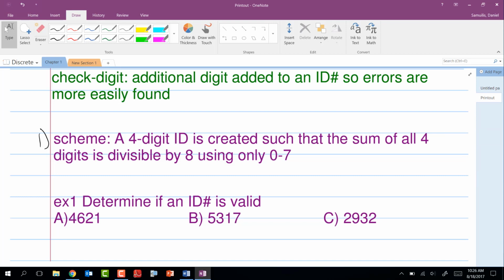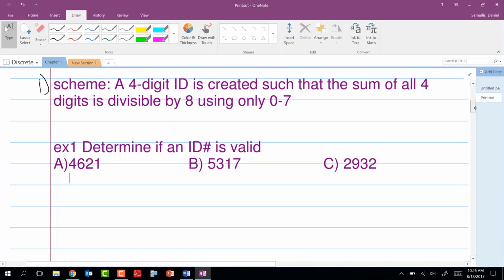So this is company first one, whatever it may be called. Okay, so this is a real simplistic one. A 4-digit ID is created such that the sum of all 4 digits is divisible by 8, using only 0 through 7. Now, that's not a coincidence, and I'll wait to cover that further.